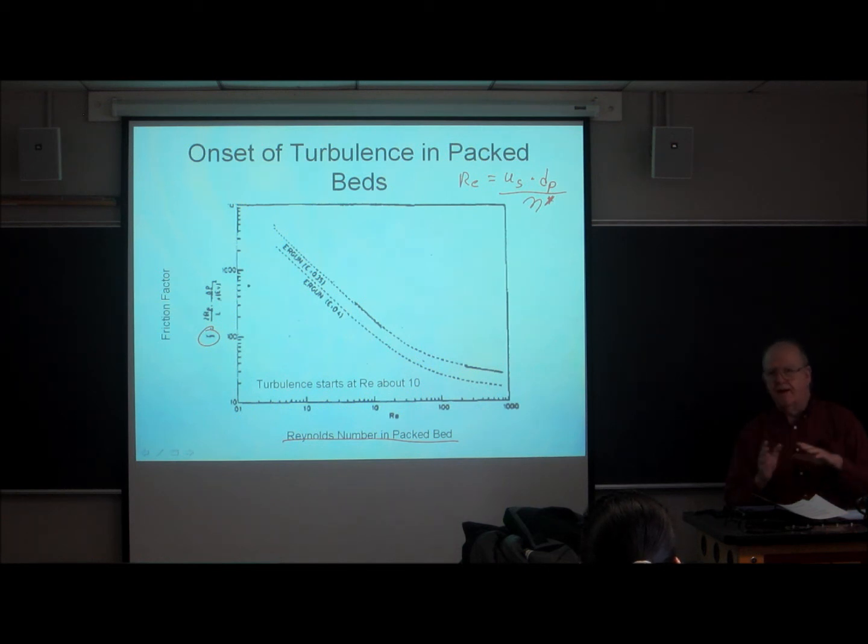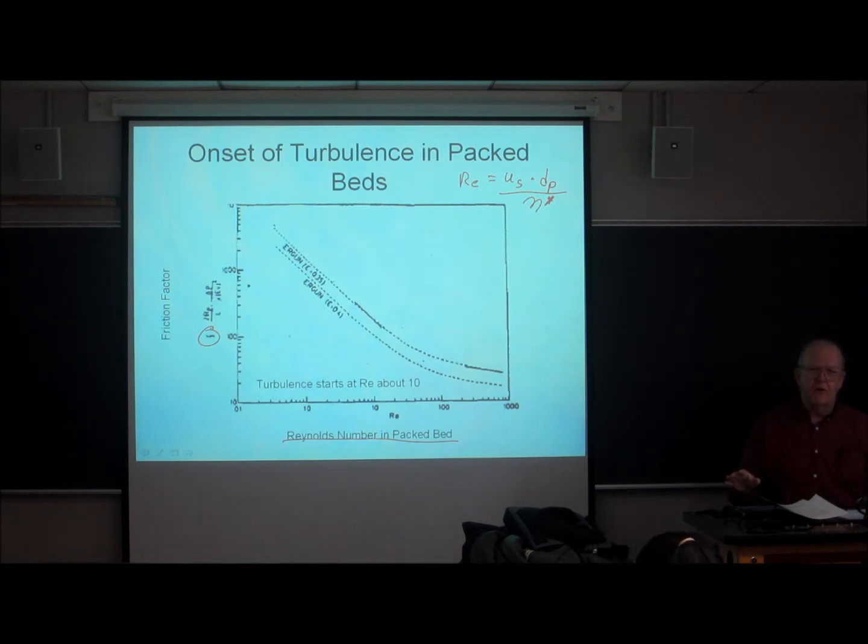In a packed bed, that's completely wrong. The transition takes place when this plot of friction factor begins to roll over. And that begins to happen somewhere about a Reynolds number of 10. So turbulence starts at a much lower Reynolds number in a packed bed than in an open tube.